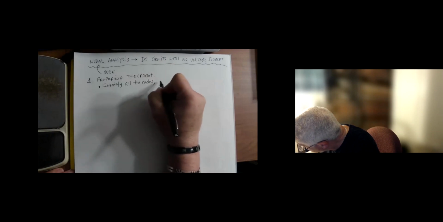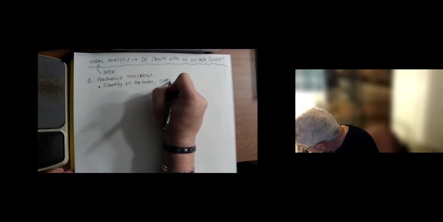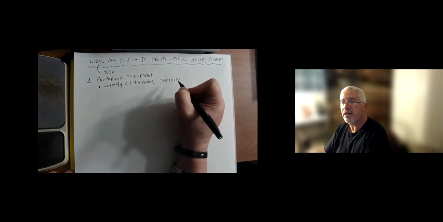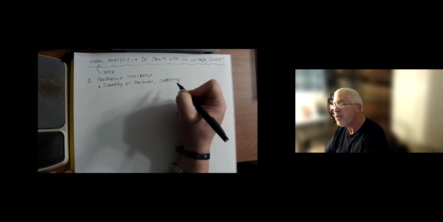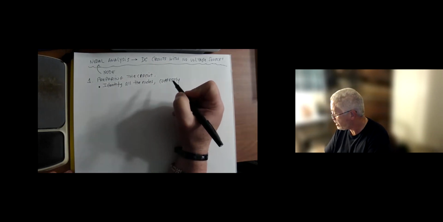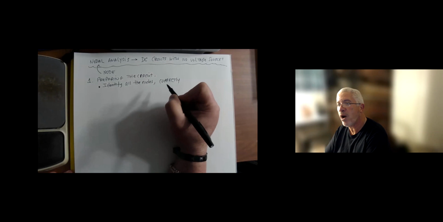And I'm going to put an emphasis on correctly. If you don't have the nodes correctly, the entire procedure falls through. It's actually a pretty basic step to identify the nodes. We talk about using your pen and following the wire. As long as you don't cross an element, you're on the same node. But it is crucial that it is done correctly.